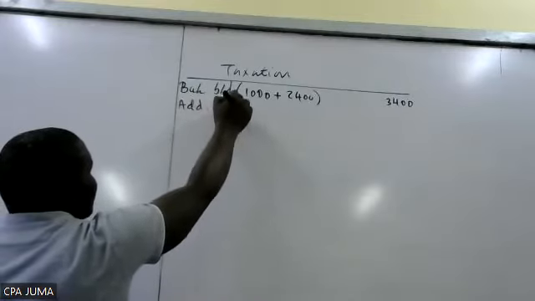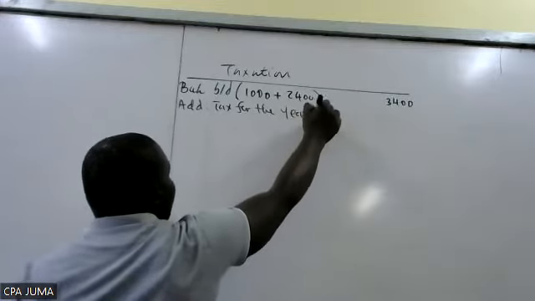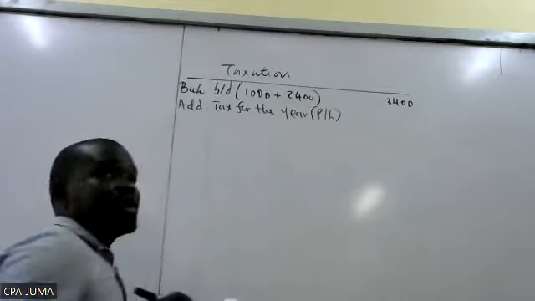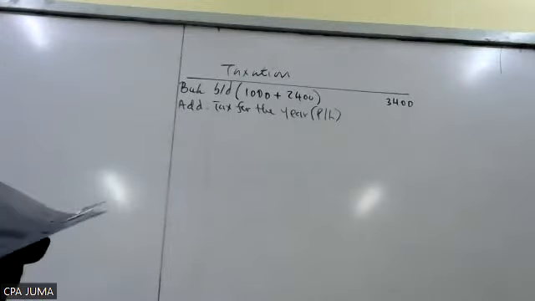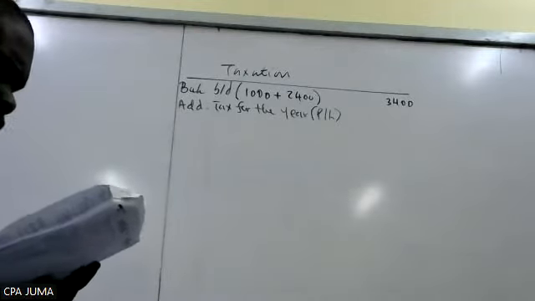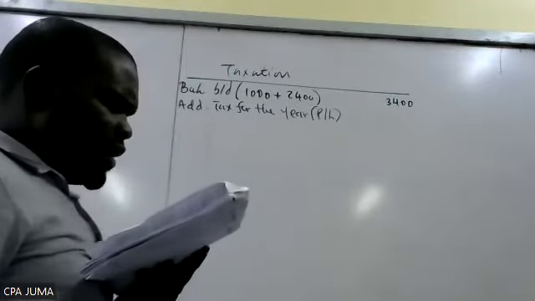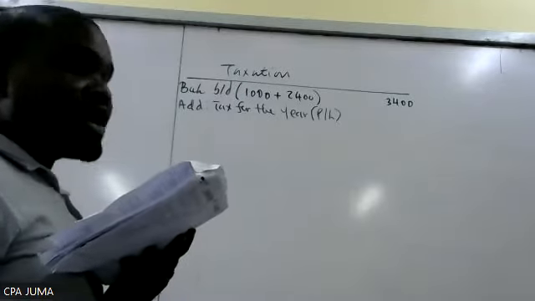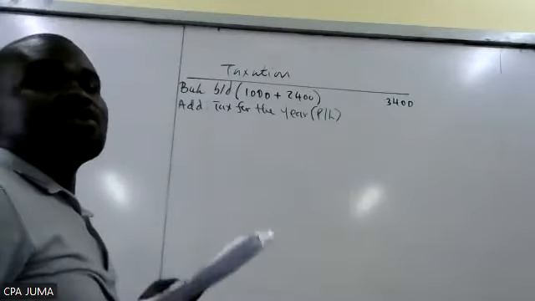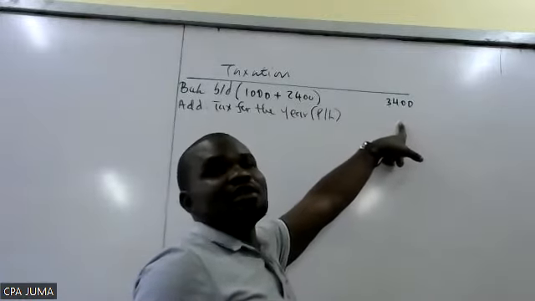Check the profit and loss account. In the P&L, how much are you seeing as income tax? 100, but you see it is positive. They have written net income tax credits. So income tax credits should reduce the tax liability.